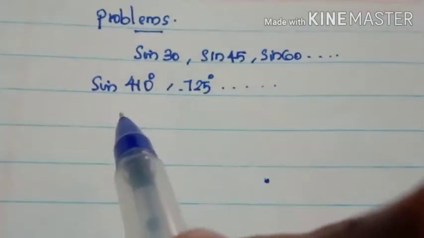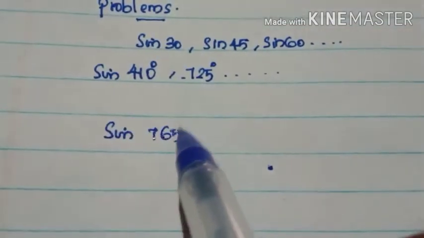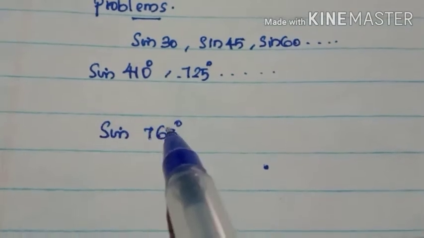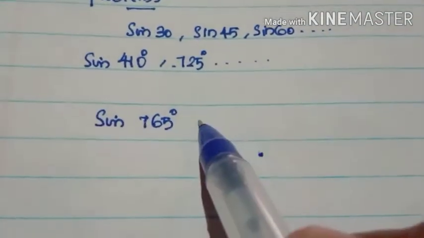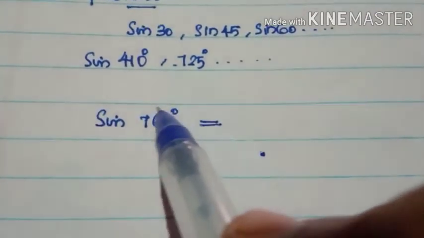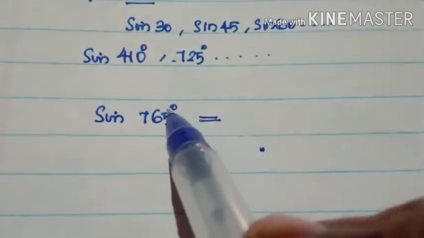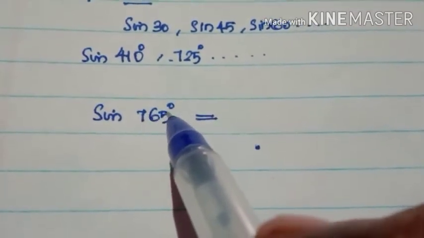For example, we have sine of 765 degrees and we want to know its value. One method is to convert this 765 degrees into 360 or multiples of 360.